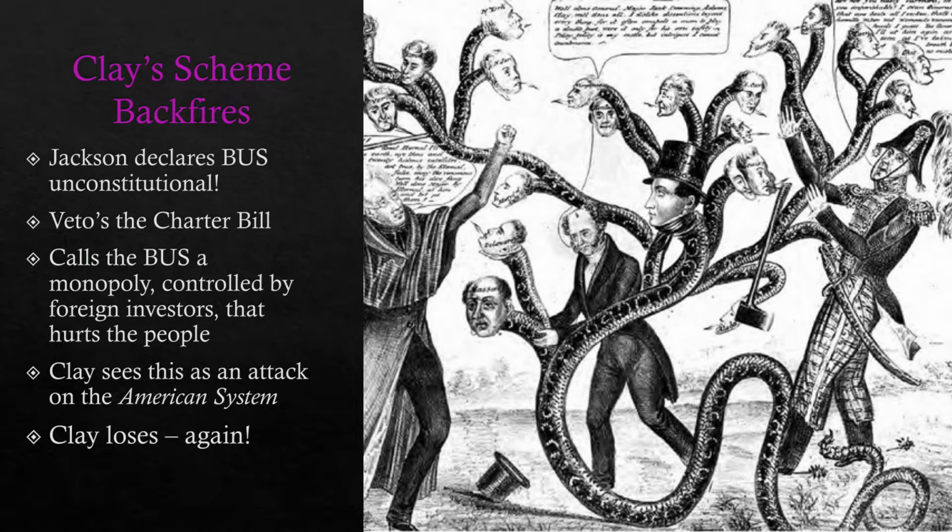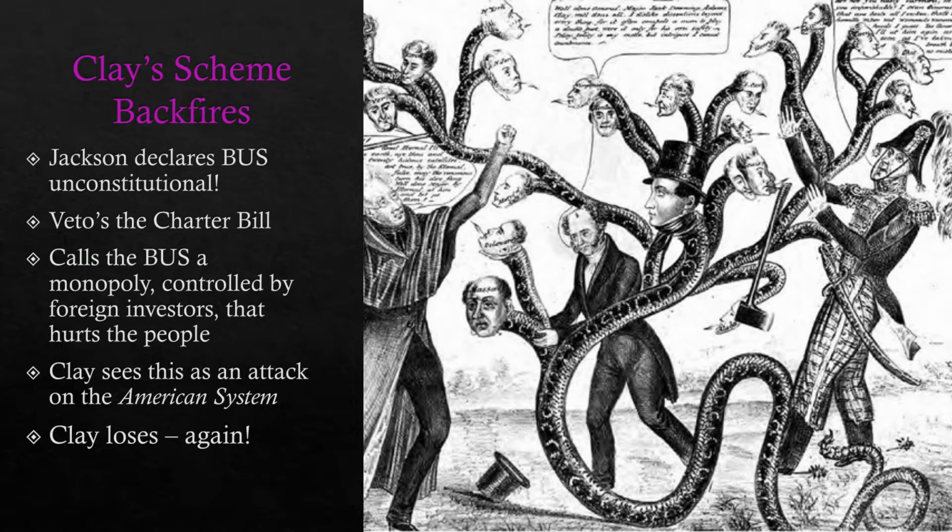Okay. To Clay, he thought, look, this is an attack on the American system. This is clearly showing the American people that your president doesn't understand economics. The bank veto gets printed in newspapers. Clay believes, yeah, I've got this guy now. But the American people say, wow, a monopoly has formed in America. Foreign investors are coming over.